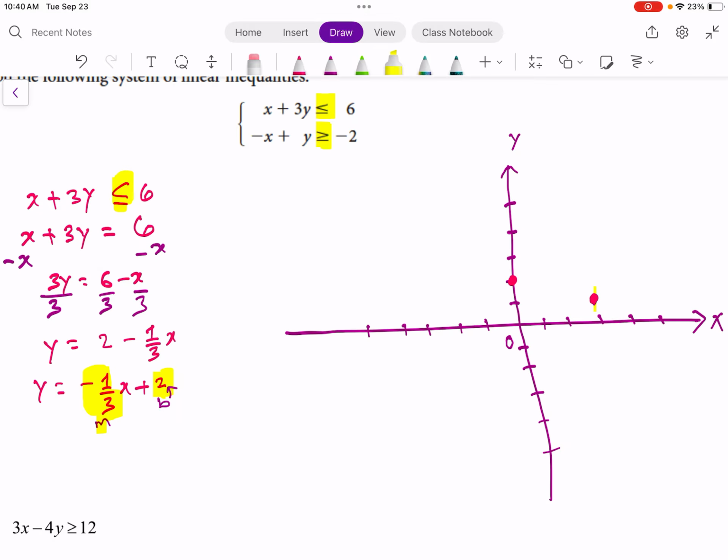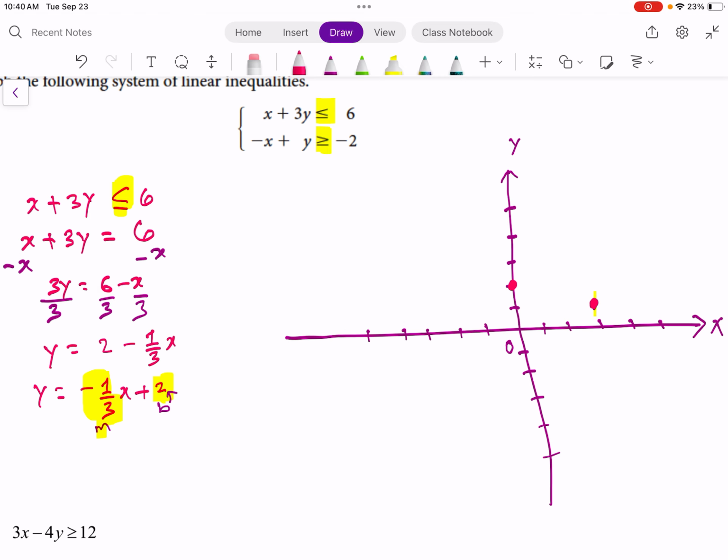So here we have less than equals to. So if you have less than equals to or greater than equals to, if you have this equals to, then you are using solid line to connect those 2 dots. If you have strictly less than, strictly greater than, we use dotted line or broken line.